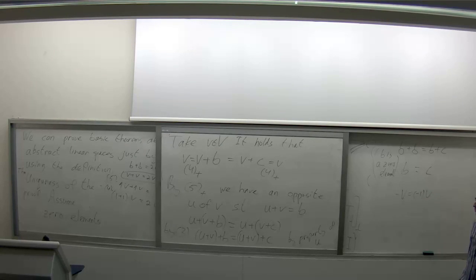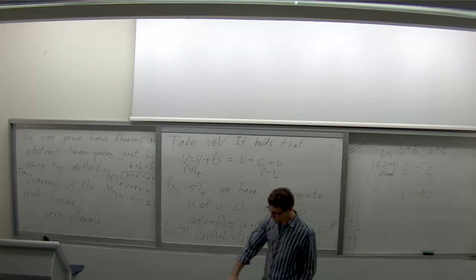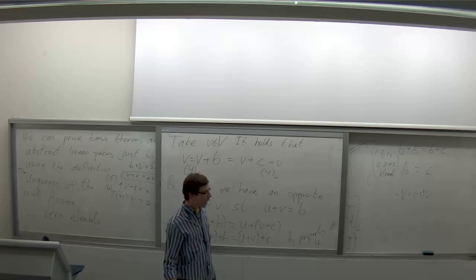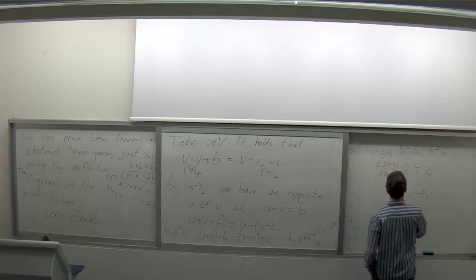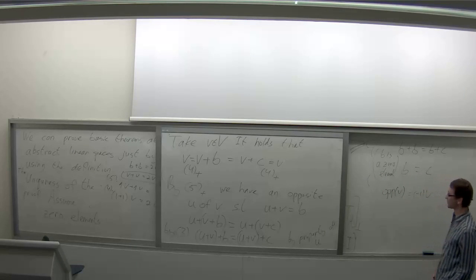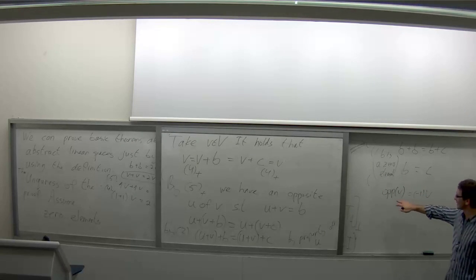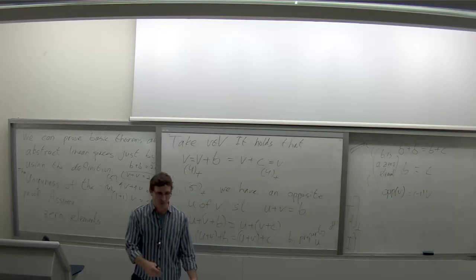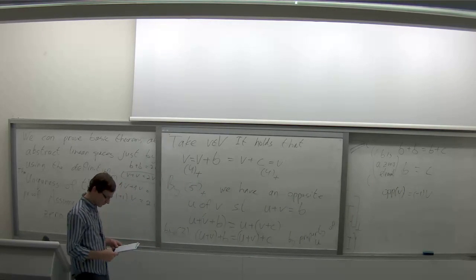How can you prove it if you don't have a minus v? Right, so the opposite of v is minus 1 times v, right? But this I don't use, I just want to explain. I'll state it correctly: if u is the opposite of v, then u is minus 1 times v.